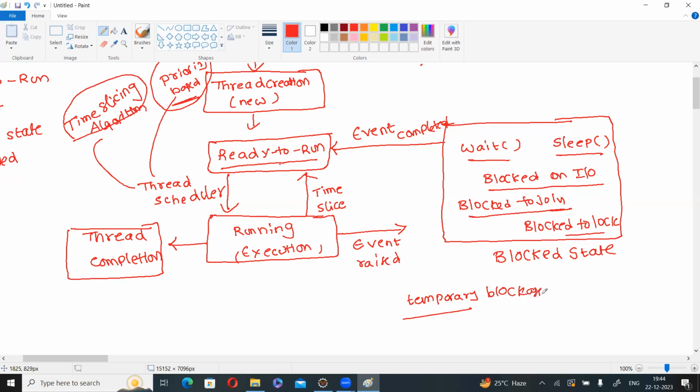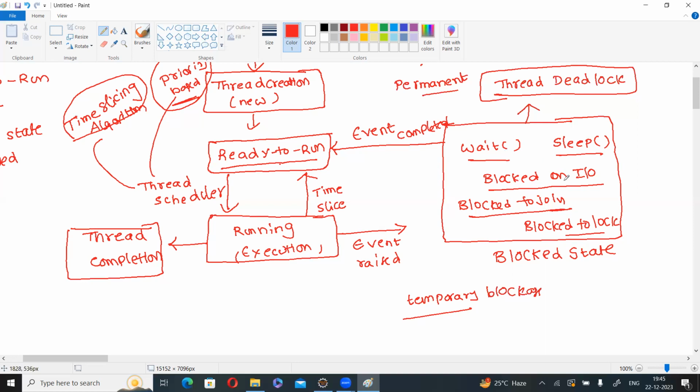Suppose the event is not completed, assume the event is not completed, then the thread does not move to ready state. That is called deadlock. Now the thread enters into deadlock. What is meant by deadlock? Deadlock is simply permanent blockage of a thread.